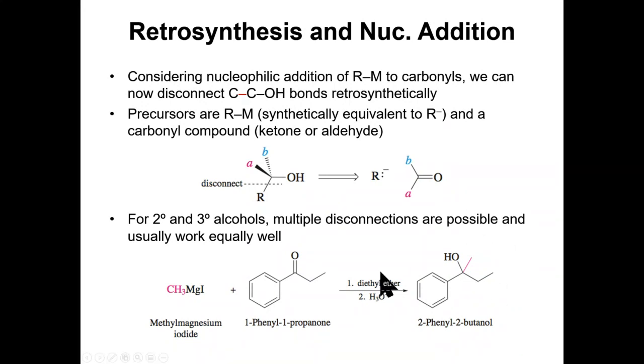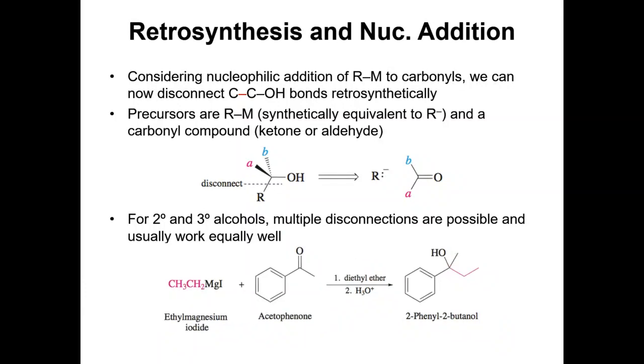For instance, if you want to make this compound, we can consider this group is from the Grignard reagent, and those two groups are from the carbonyl compound. This could be a way of making the alcohol. But we can also consider this other group comes from the organometallic compound and those two groups come from the carbonyl compound.